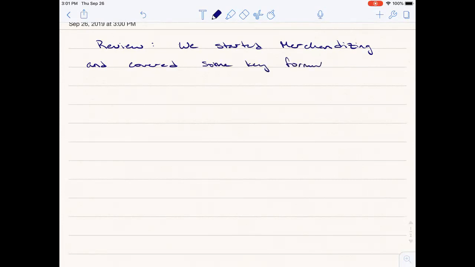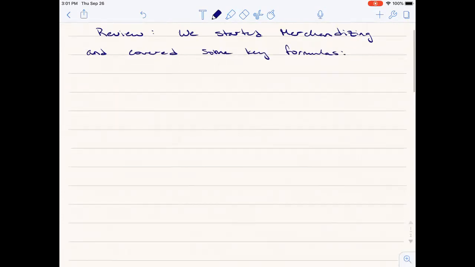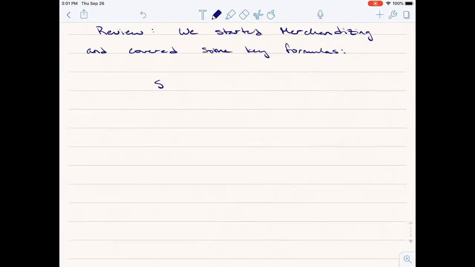There's more, but the key formulas we noticed were S is C plus E plus P. That one came up a lot. The net price is the list price times 1 minus D1 times 1 minus D2, all the way up to discount K.